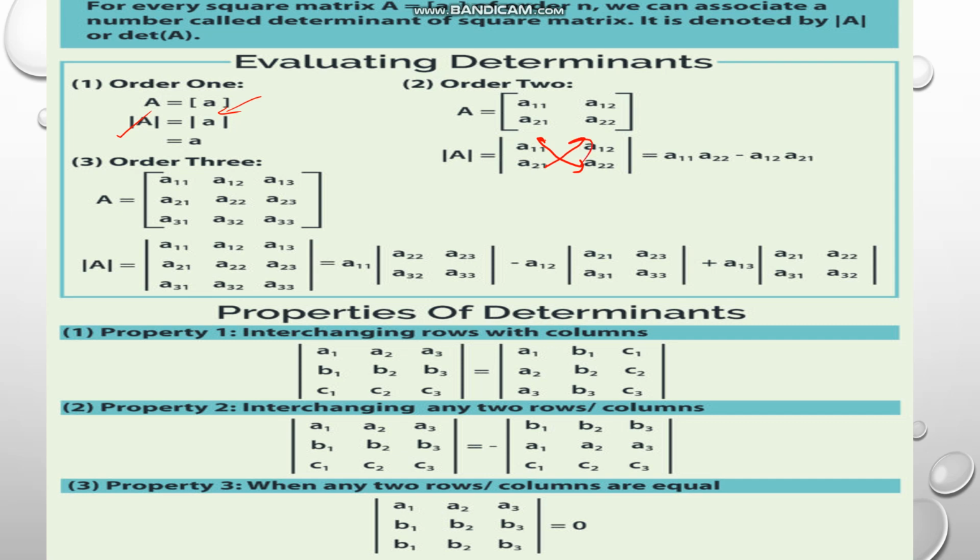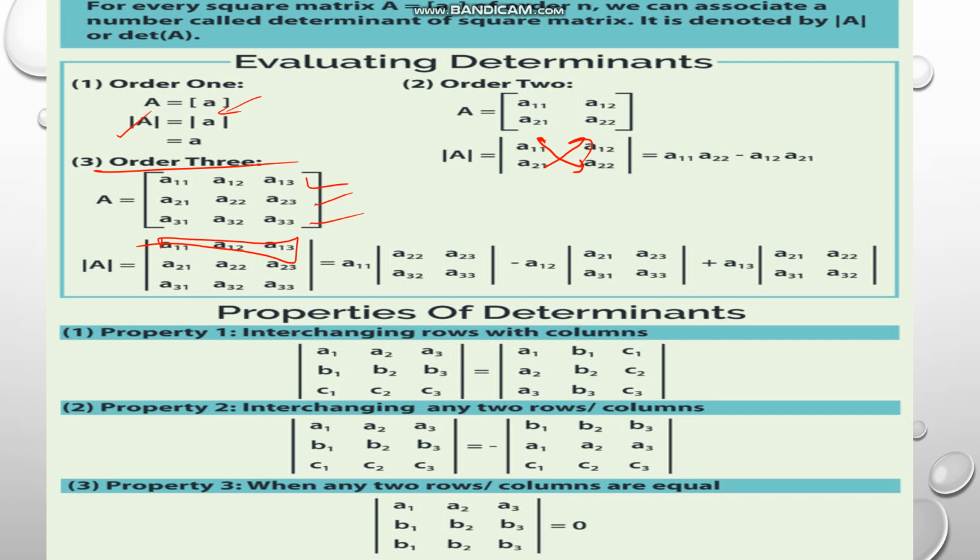For order 3, we can expand the determinant along any particular row or column. So here we expand this determinant along the first row. For expanding it, we need to introduce the position value of the particular element.